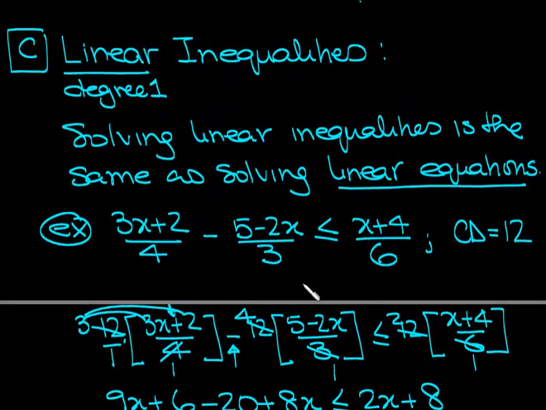Okay, so if x is 0, this is gone, this is gone, this is gone. So you get 2 over 4, which is 1/2, minus 5 over 3 is less than or equal to 2 over 3. Because this is gone, we get 4/3, which is 2/3. On the left here, we'll have to find the common denominator and add these two numbers, which is 6.